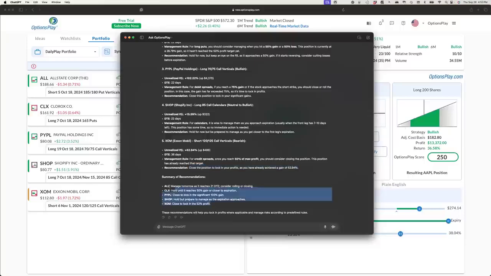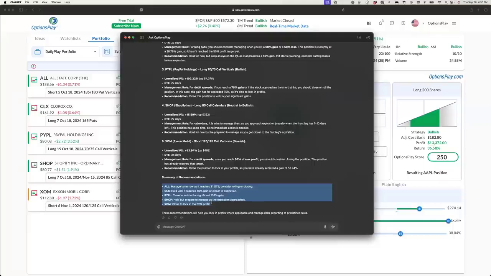So it gives you a very clear summation of all of your trades, which ones you need to take profits on and which ones you need to hold. Out of these, a couple of them are telling me to close, and one of them is telling me to start managing. Basically, I don't have to sit through all of my positions and spend time thinking, okay, for this type of position, what are the rules?